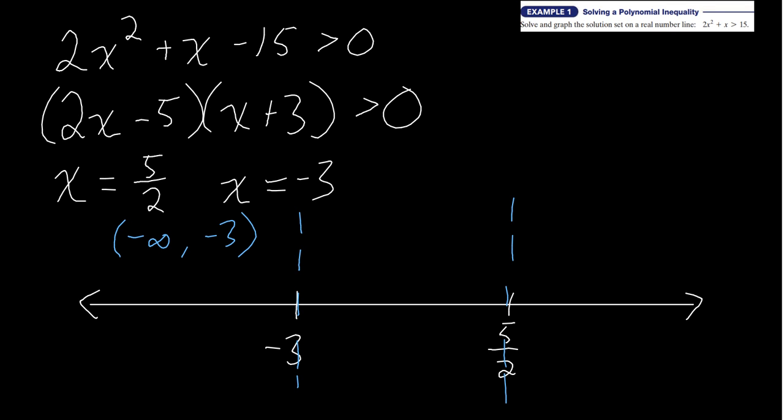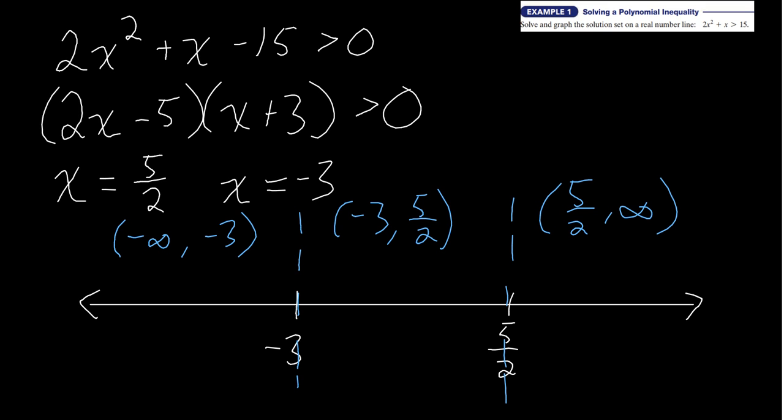What is this middle one? Well, it's going to be -3 to 5 halves. And then what's this one over here? Well, it's going to be 5 halves to positive infinity. Okay, so again, there's a number line, and on either side of these dotted lines, these are intervals. So what's important about these intervals? Well, what I'm going to do is I need to pick a number.